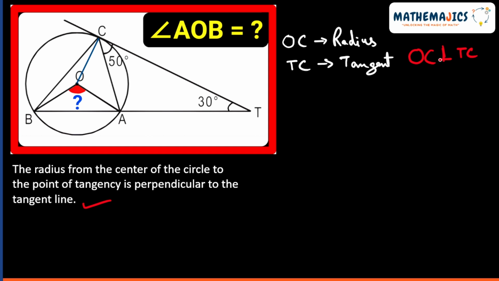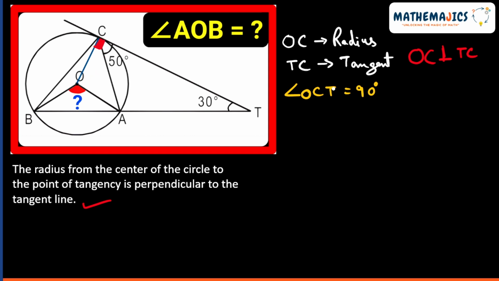The radius and this tangent line will be perpendicular at point C. If these two line segments are perpendicular, what will happen to the angle between them? Angle OCT will be 90 degree. Correct? So let's mark this angle in the figure. This angle will be 90 degree.